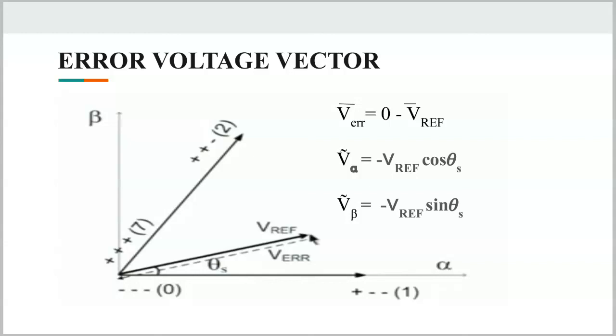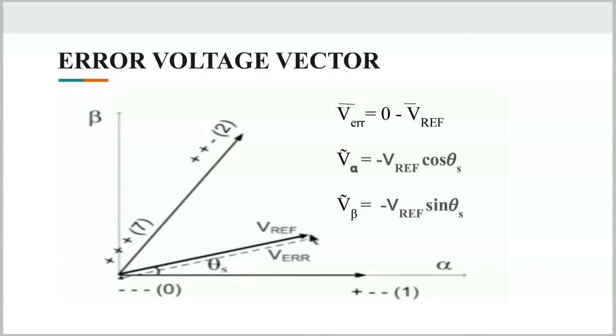At this instant, you can't apply this V reference vector because the inverter does not produce it. The inverter produces the null vector and 6 active vectors, and 4 of those active vectors are not useful here. Only 2 active vectors, plus minus minus, which is active vector 1, and plus plus minus, which is active vector 2, are useful here.